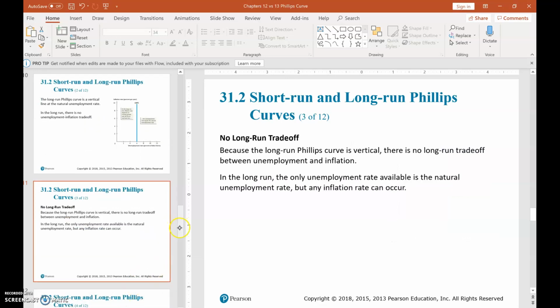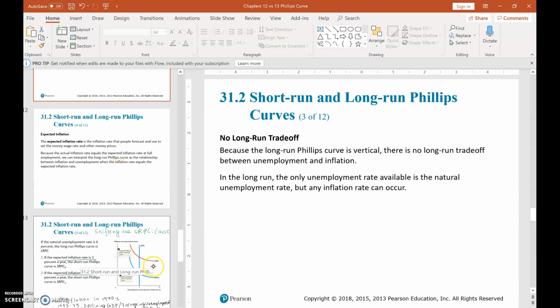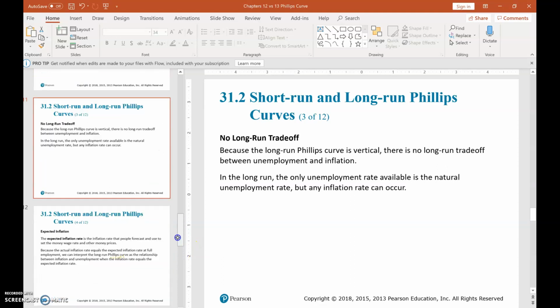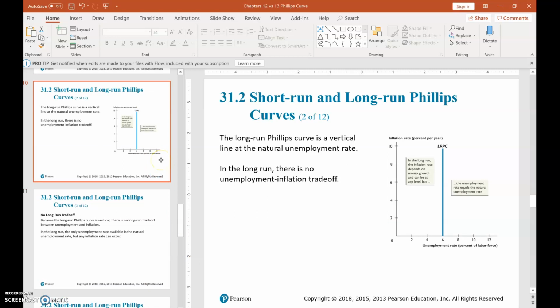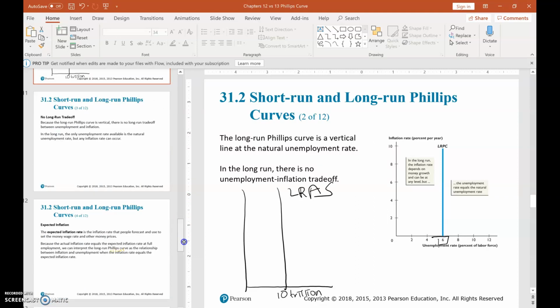Or we can say there is no long-run trade-off between inflation rate and unemployment rate. So I can also say this long-run Phillips curve is associated with the long-run aggregate supply curve. The potential gross domestic product is associated with the natural rate of unemployment.